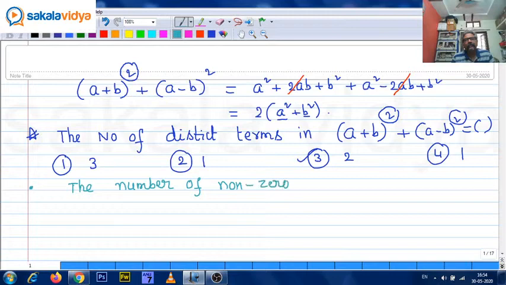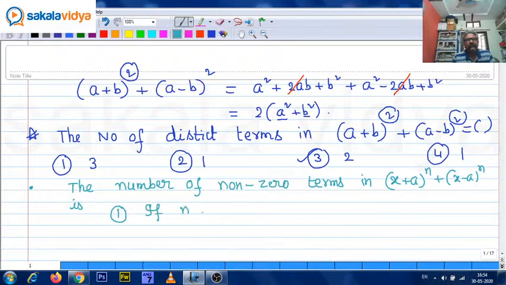The number of non-zero terms in (x plus a) whole to the power of n plus (x minus a) whole to the power of n is, first point: if n is even, then what is the formula?